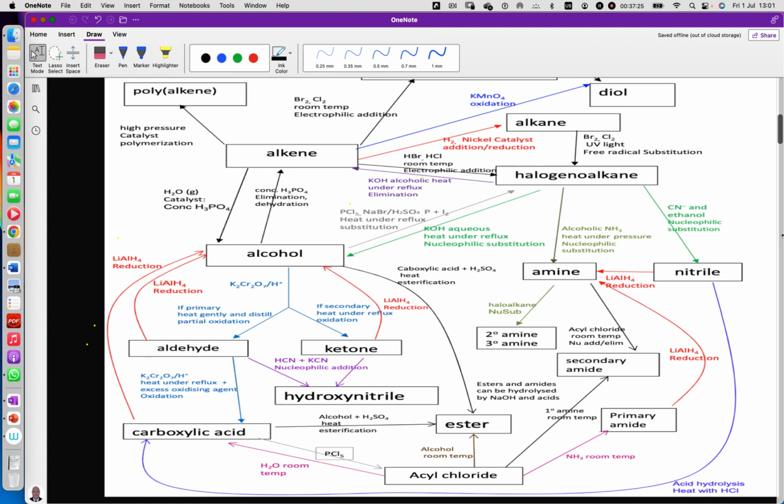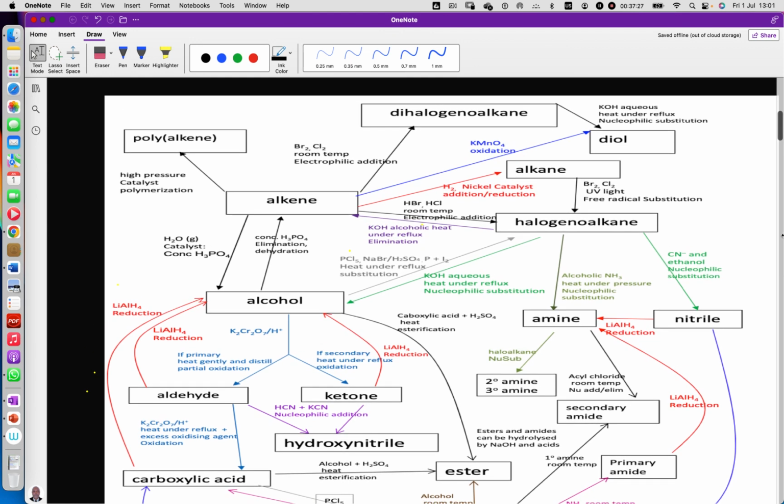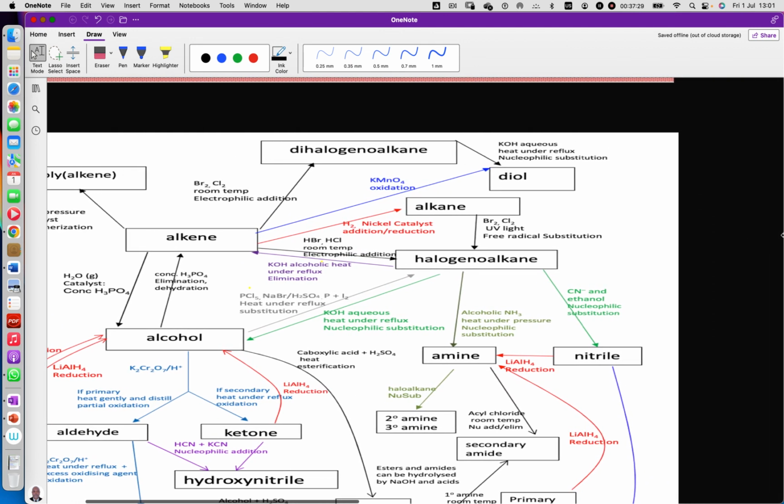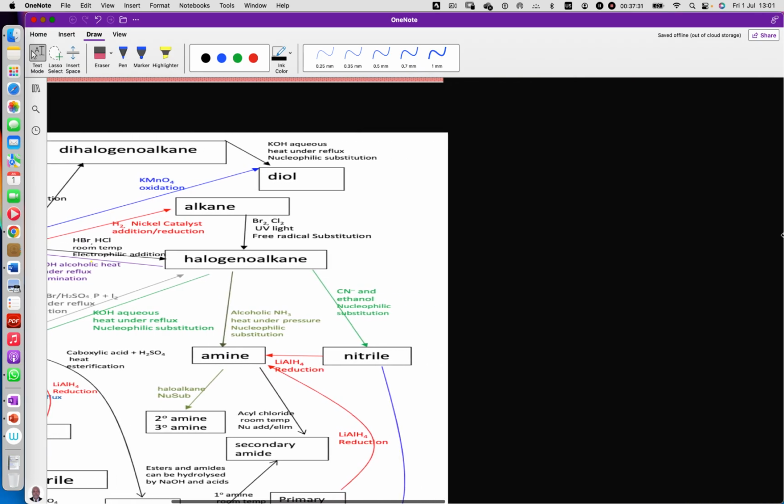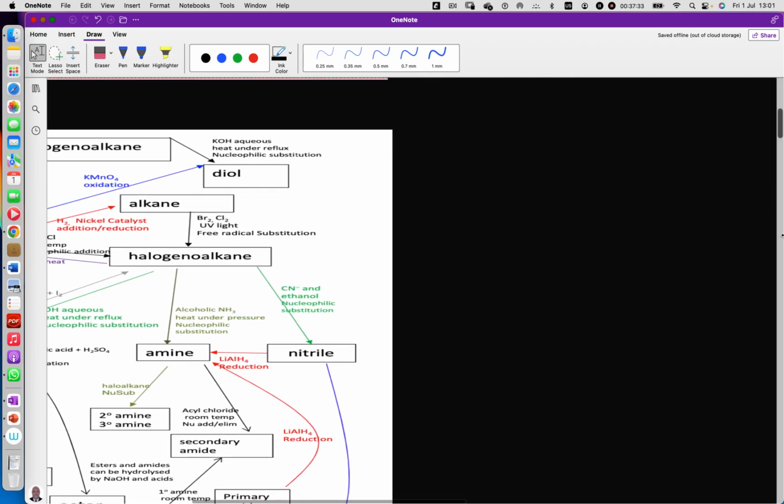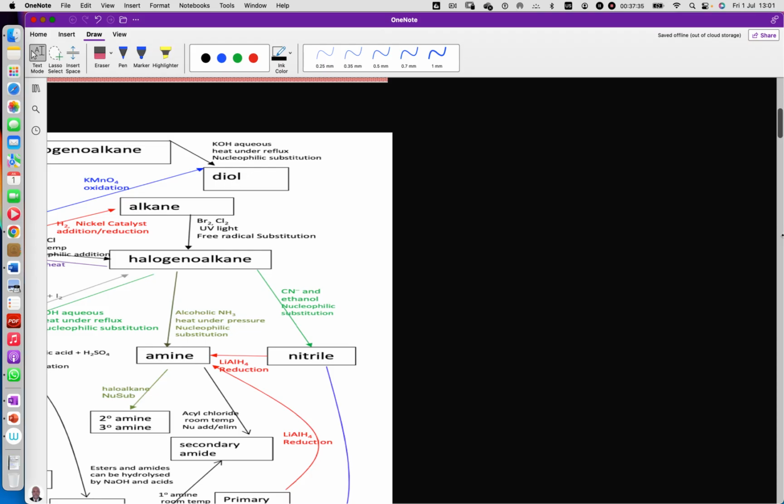There is one other thing on alkene, on the oxidation. There are two conditions of oxidation of alkene. The first condition is cool, dilute, acidified potassium manganate 7 at room temperature.